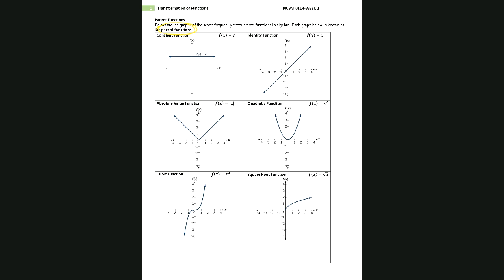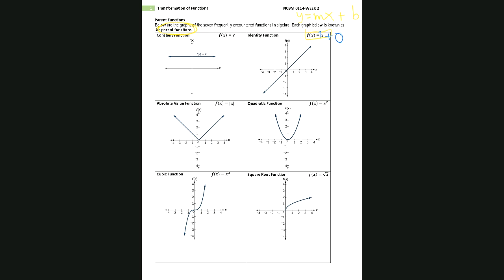So for example, for linear functions, we know the slope-intercept form, and we've been using this in the course already, is mx plus b. We know that m is the slope, and we know that b is the y-intercept. So for the parent function of a linear function, you can think of the slope being equal to 1 and the y-intercept being equal to 0.